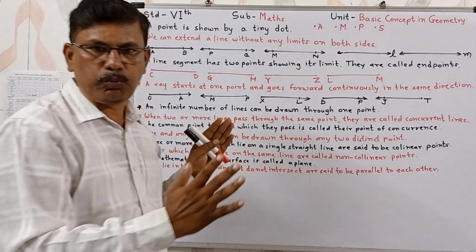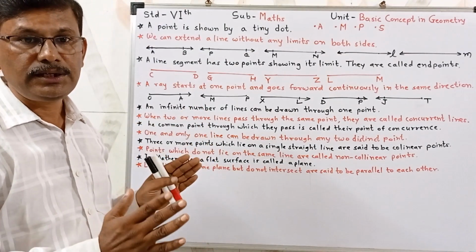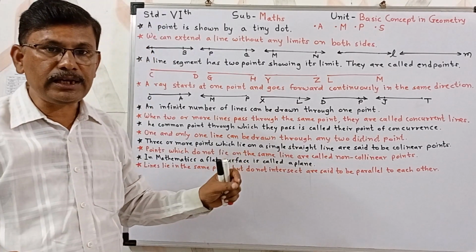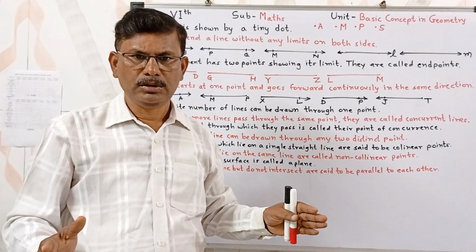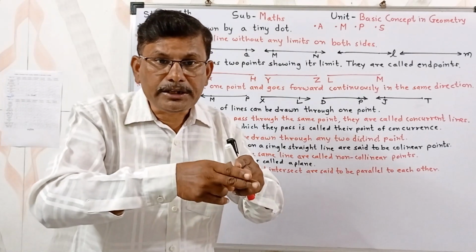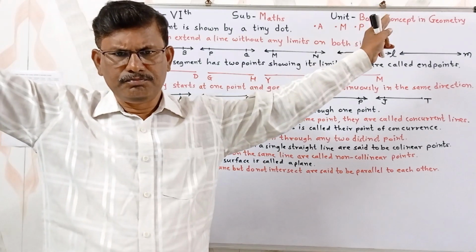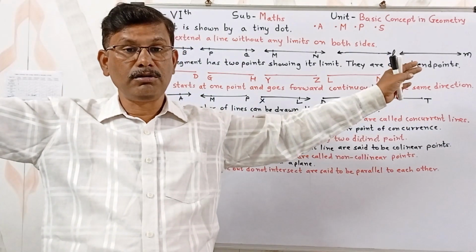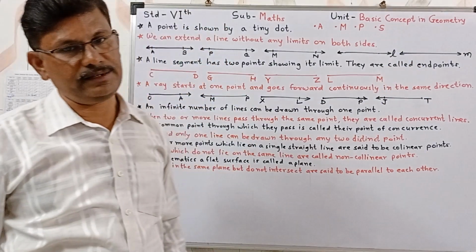This whiteboard is a limited area, but if we draw a line on a ground, then it extends with no limits. It extends both sides without limit. So that is called a line.